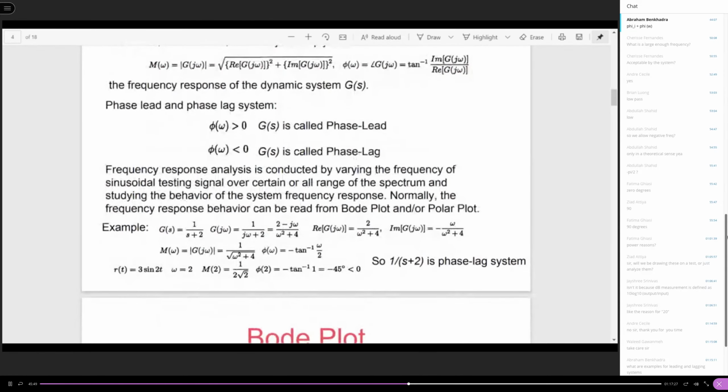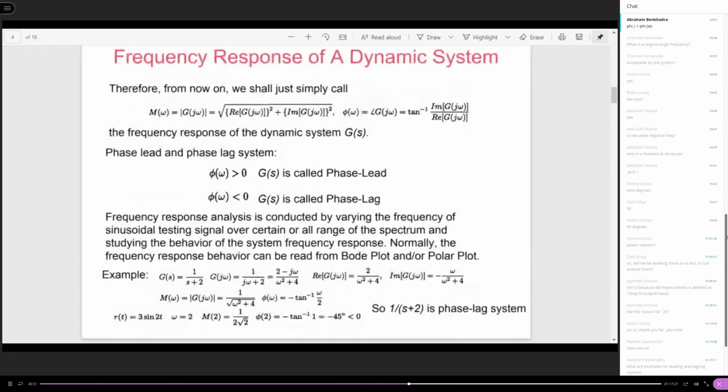So from now on, anytime we mention the frequency response of the system, we always refer to M of omega and phi of omega. You agree with me? You got my point. We no longer mention the output signal.